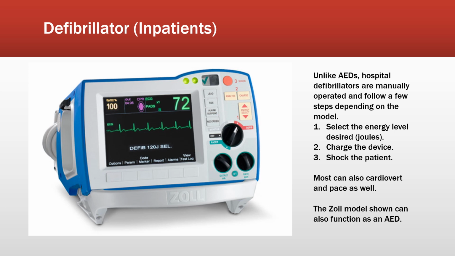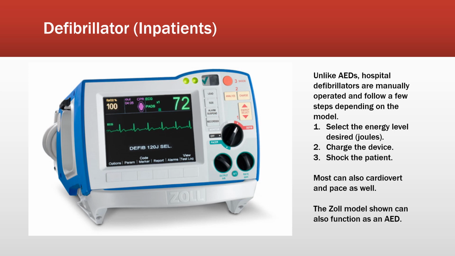But in any case, if you're manually selecting the joules, you're going to select the energy level. The Zolls are nice as they have a 1, 2, 3, and it goes closest to the knob itself. There's a pacer function, a monitor function, and a defibrillator function, and the defibrillator one is in red.